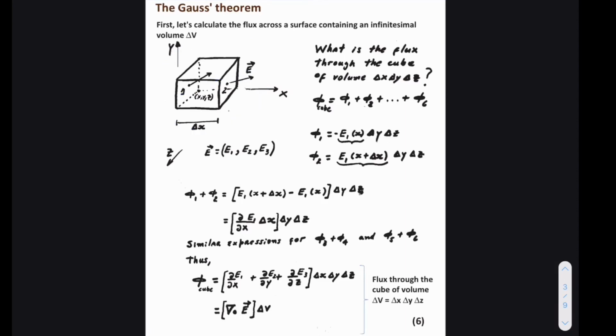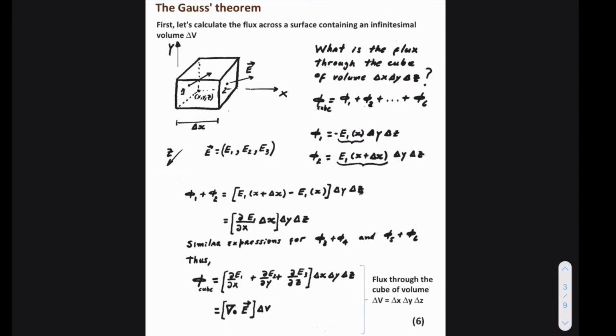Say the vector field has E1, E2 and E3 components along X, Y and Z direction. Also, let's say that this infinitesimally small cube has dimensions delta X, delta Y and delta Z in those three directions respectively.